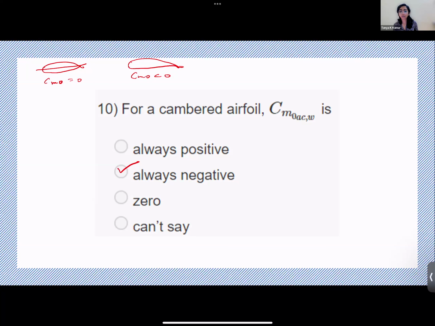We've discussed this a lot of times. Can you just try to find out why it is? Just try. If not, please Google it and tell me right now, because we have discussed this multiple times. Why is the Cm naught for a cambered airfoil less than 0? Why is the Cm naught for a symmetric airfoil equal to 0?